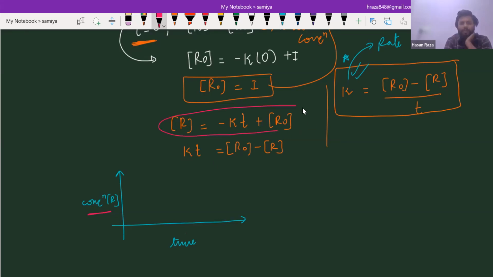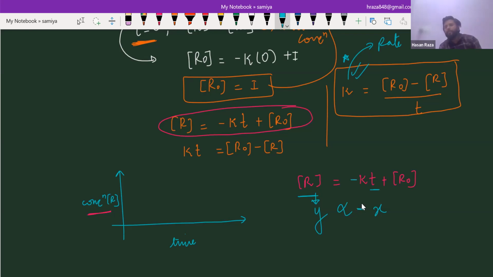I'm going to take this equation. You know that R will be equal to minus kt plus R naught. As you know that R is on the y-axis, so I'm going to put y in place of R. And this t, you can see, is on the x-axis, that is directly proportional, but this is a negative sign. Y is directly proportional to t, that denotes the graph will be a straight line. Since it is negative, the graph will be downward like this.